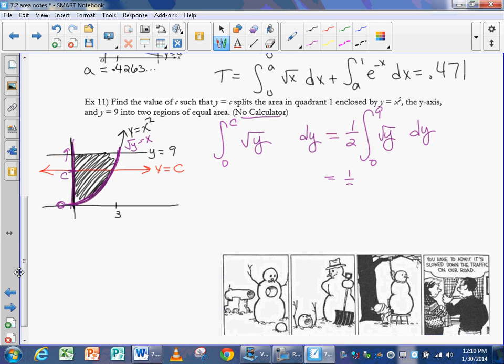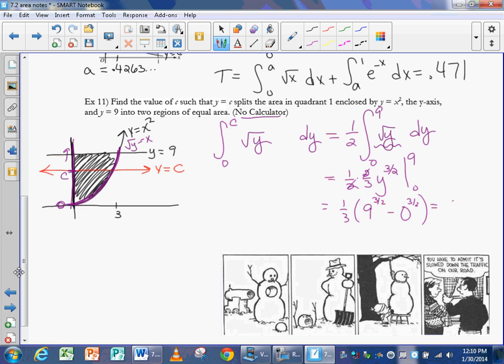So over on this side, I'm going to have 1/2. This is y to the negative 1/2, so I'm going to add 1 to the power, divide by the new power, and then I'm going to plug in my bounds and subtract. So this is going to be 1/3 of 9 to the 3/2 minus 0 to the 3/2.